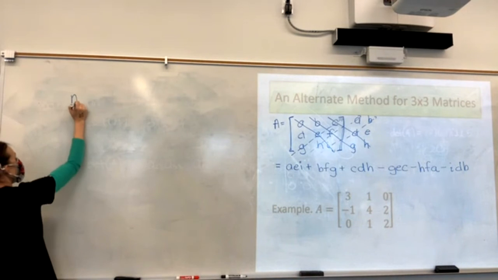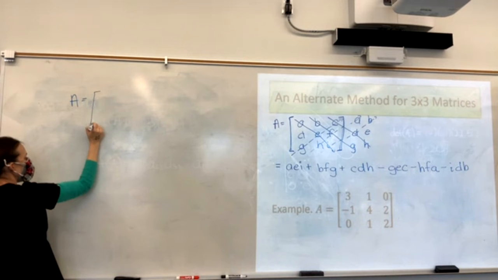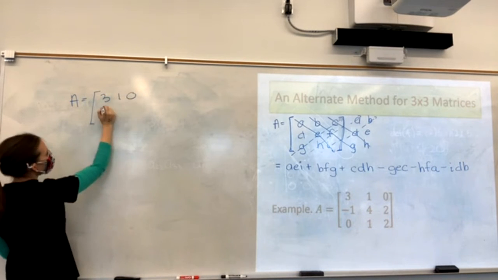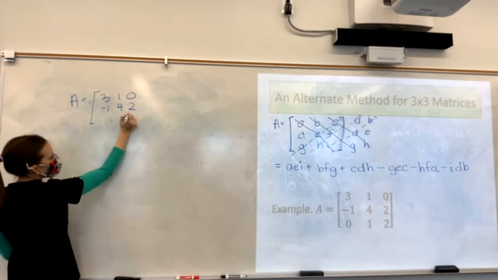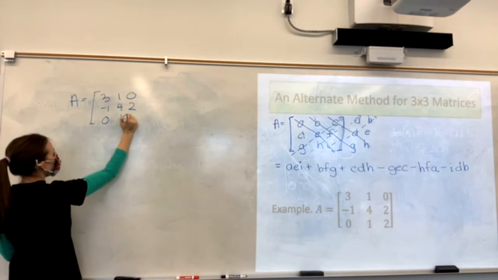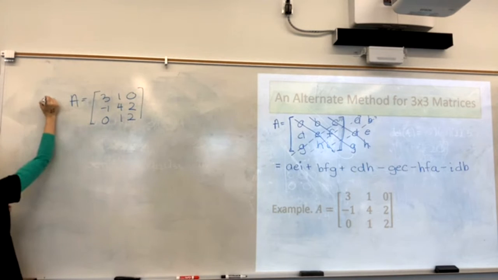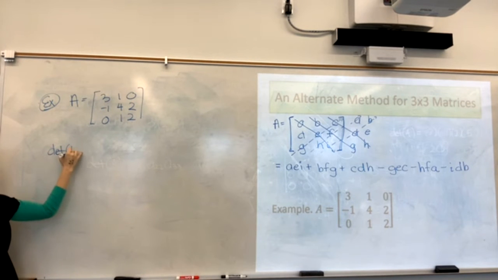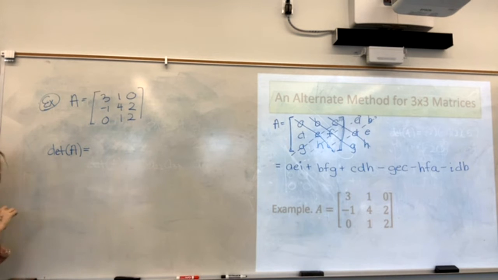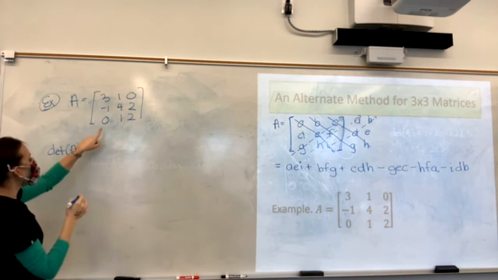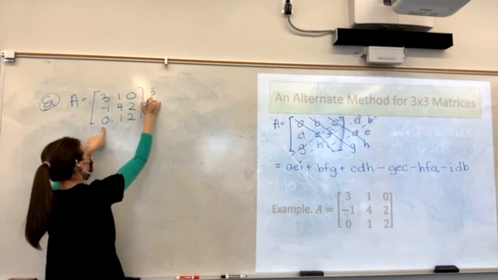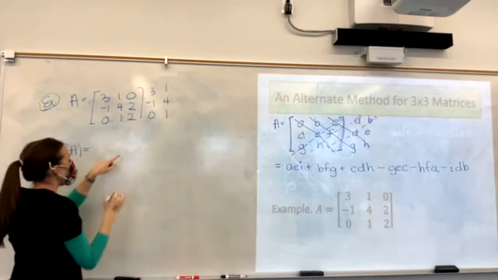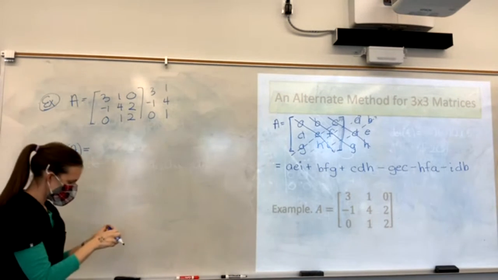All right, so just so you can see that method in practice. You don't have to use this, but some students love it. So if you love it, then go for it. So here's an example of using this other method. So here's a 3 by 3. So we copy over our first two columns, 3, -1, 0, 1, 4, 1.